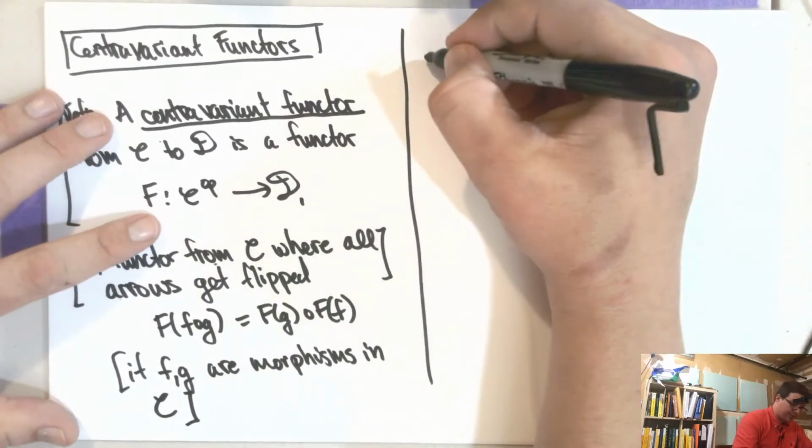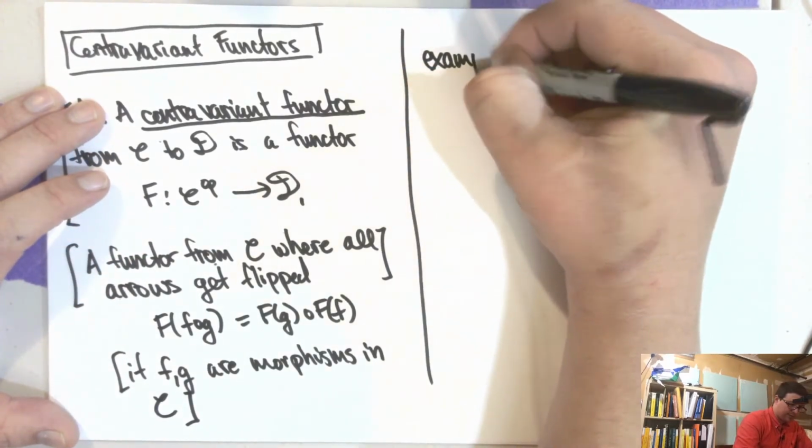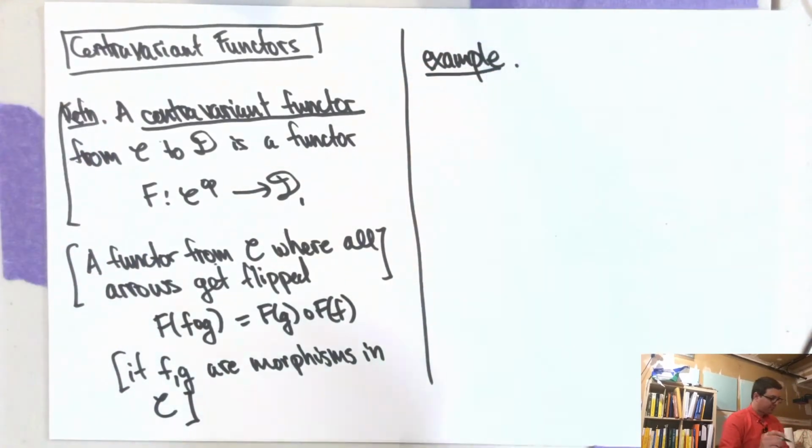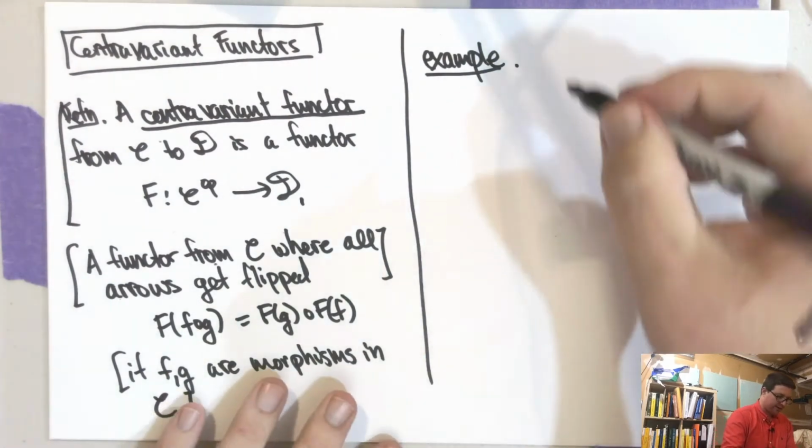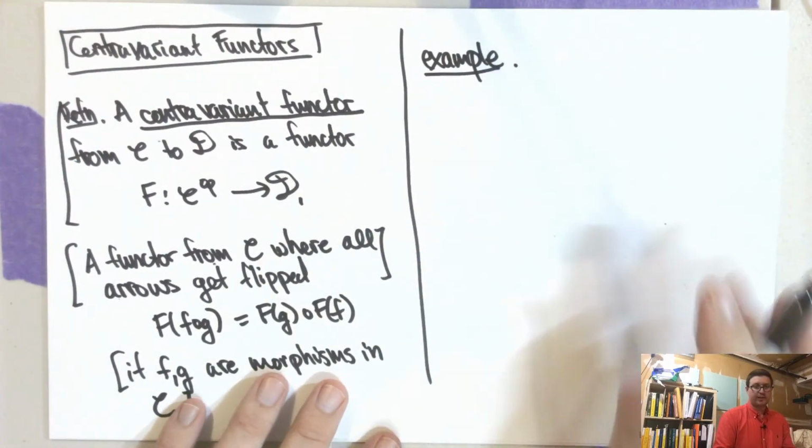So let's give you an example. This is the most important example: the co-representable functors.